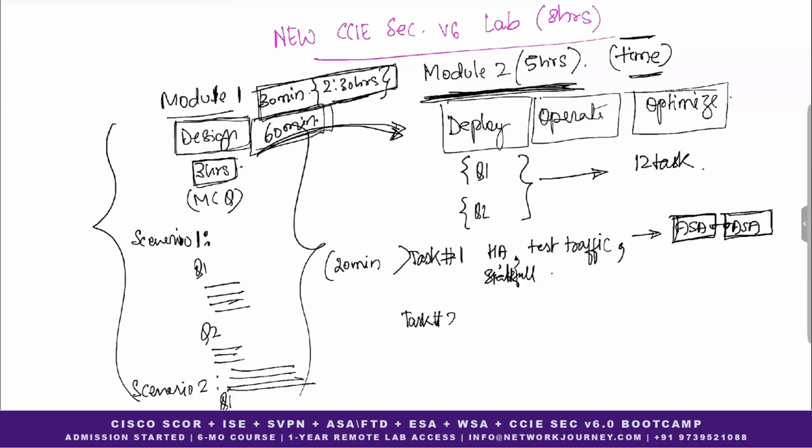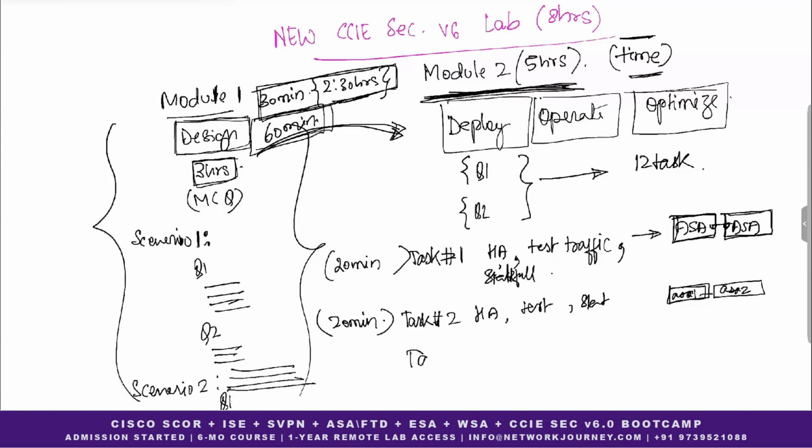So you go to task two. The task two in the actual security exam, once again, is very similar to HA related. They have two more pairs of ASA, ASA2, ASA1, and then almost the similar thing, test traffic and stateful feature. Let's say you're taking 20 minutes here.